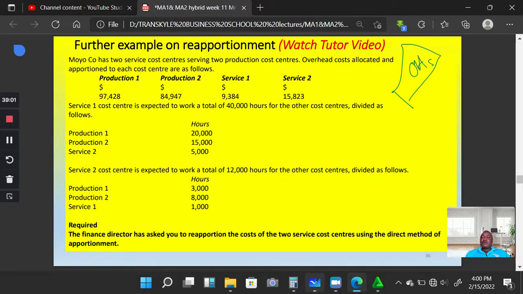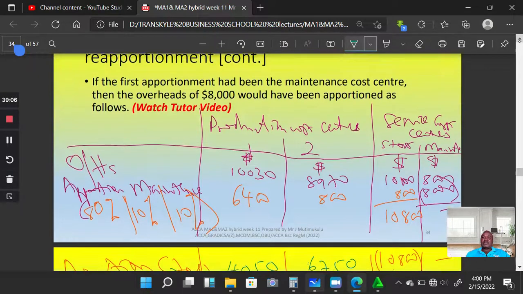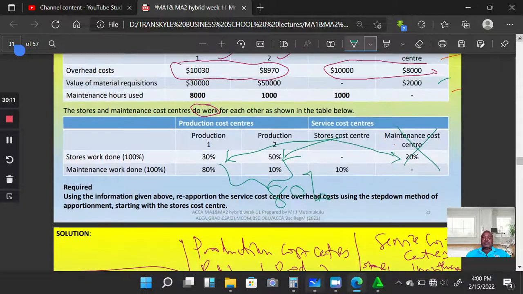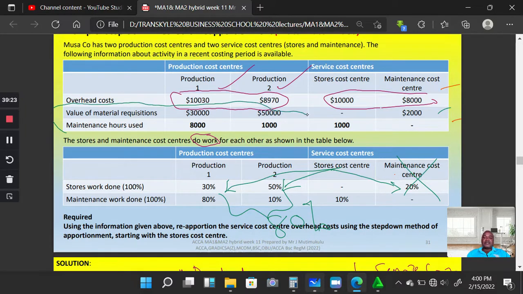This is the reason why, if we go back to our previous example, you can see that we did not bother ourselves about the material requisitions and all these other figures.